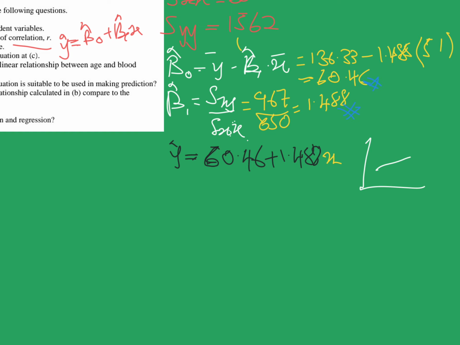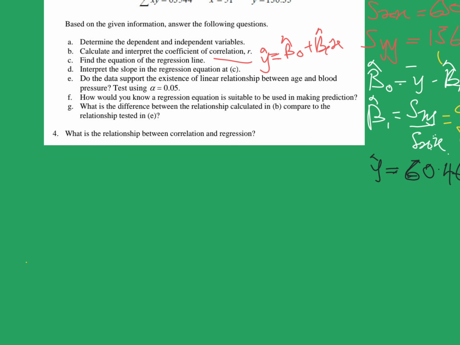Another thing that we can say is that one unit change in x will change 1.488 unit in y. We have discussed this before in a previous video. You can try to look at it again for how to interpret this. So one unit change in x will change 1.488 unit in y. That is another thing that we can say for the slope.